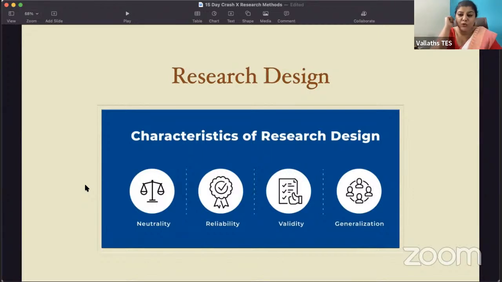The Frankfurt School believed in giving a subjective treatment to research. Frankfurt School developed critical theory. What is the meaning of critical theory? Critical theory means the researcher's subjective experience is important. The researcher's subjectivity is important.